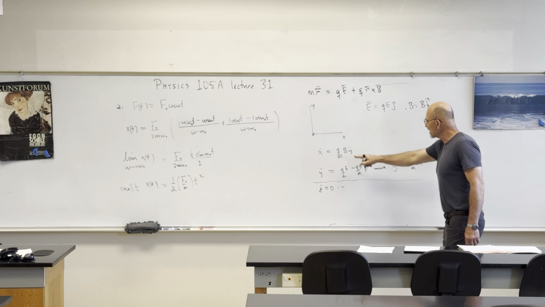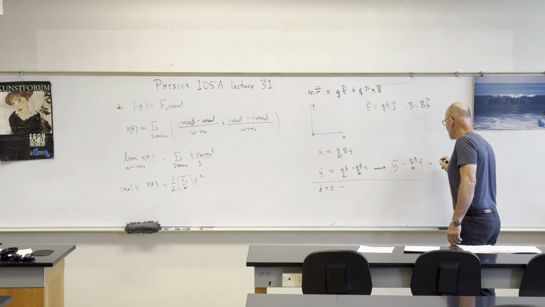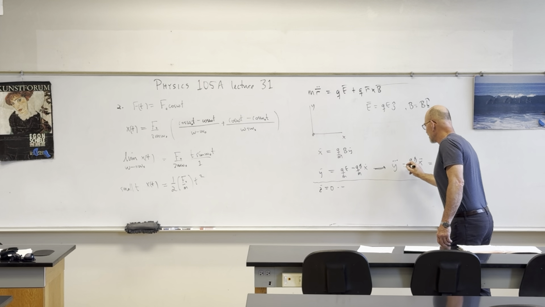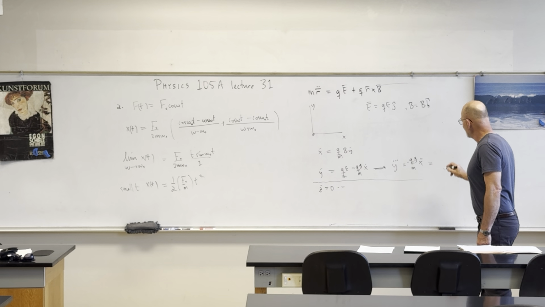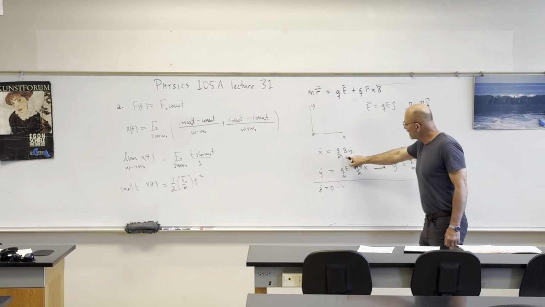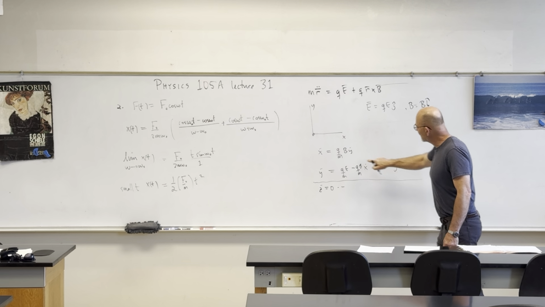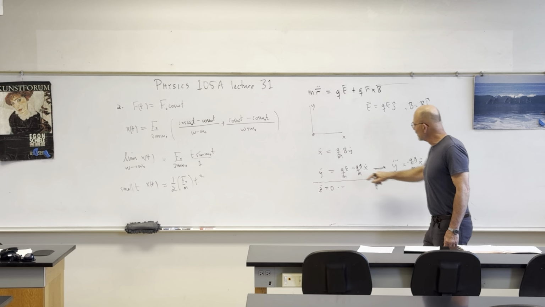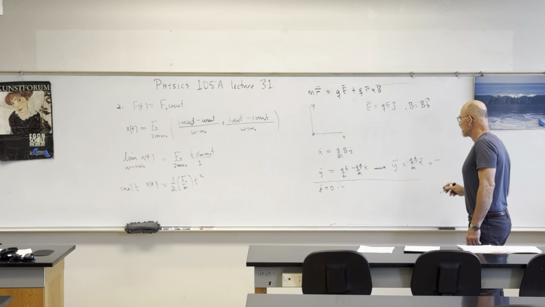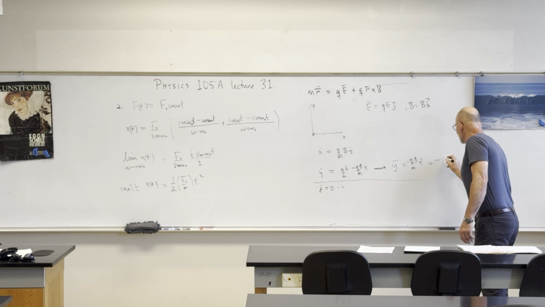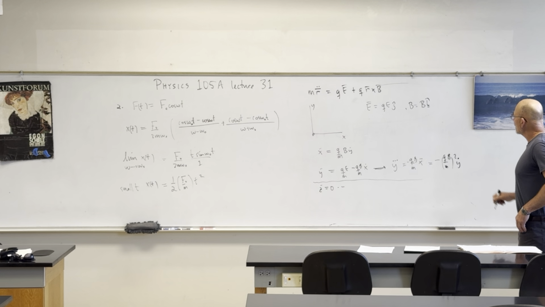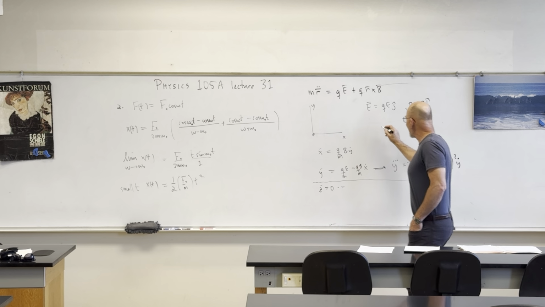And then we were able to plug this one in so that x second derivative gives us QB over M squared y first derivative, so it's equal to minus QB over M squared y dot. Okay. So this one we want to look at again.